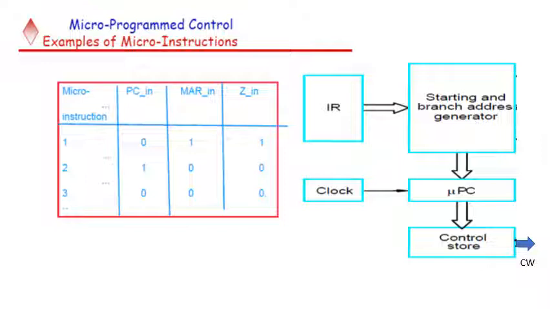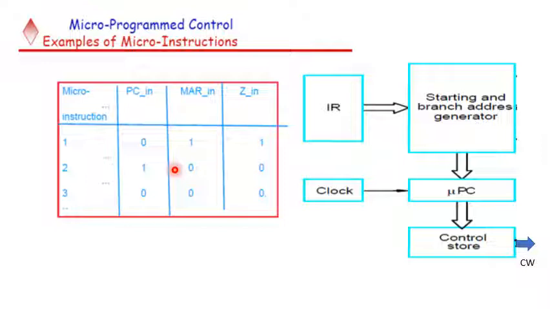An example of the control word or the microinstruction is shown in the diagram. A sequence of control words corresponds to the control sequence of a machine instruction, consisting of a microroutine for the instruction, and the individual control words in this microroutine are referred to as microinstructions.